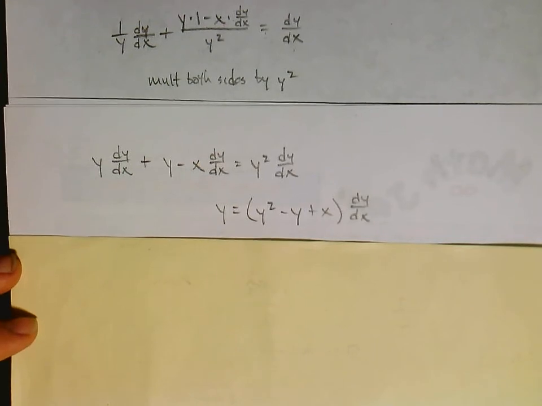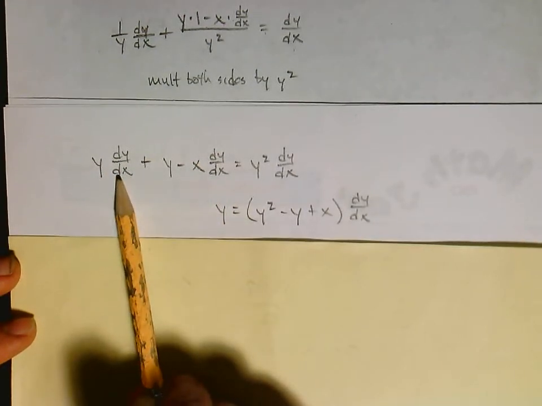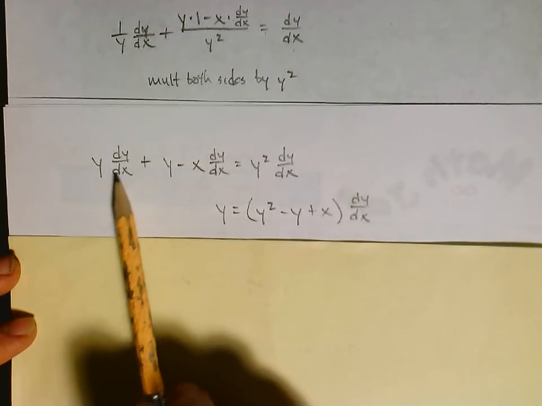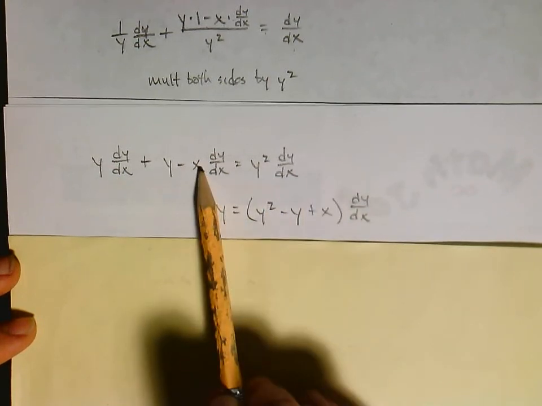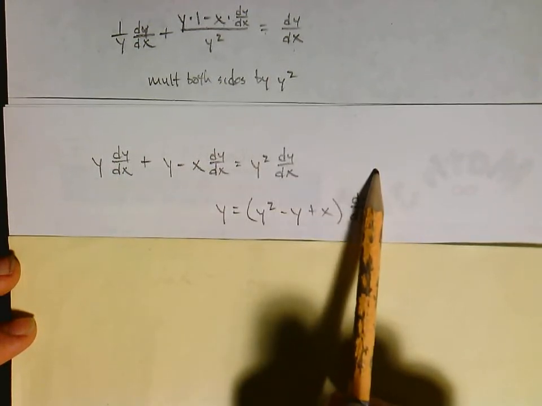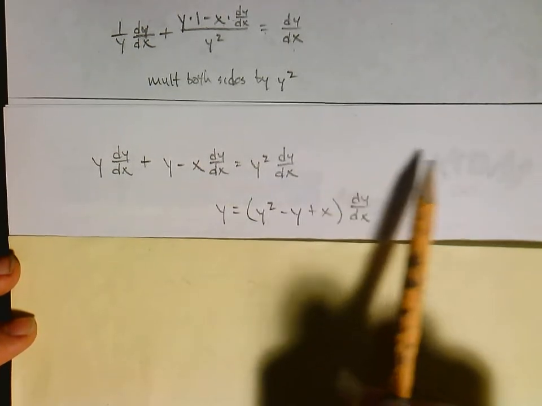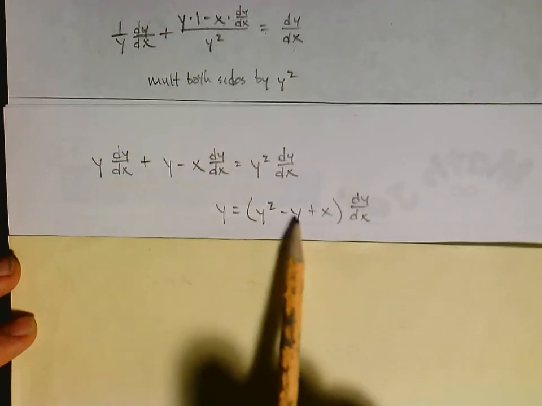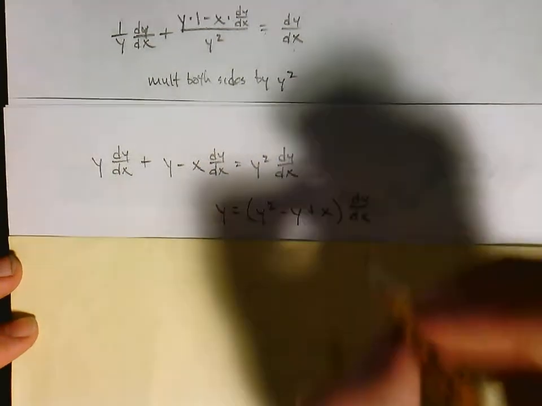I think the easier way to go here is to move these two terms over to the right. So I'm going to subtract the y times dy over dx, and add the x times dy over dx. And when I do that, they'd all be over here, and we could factor out the dy over dx, leaving y equals y squared minus y plus x, all times dy over dx.